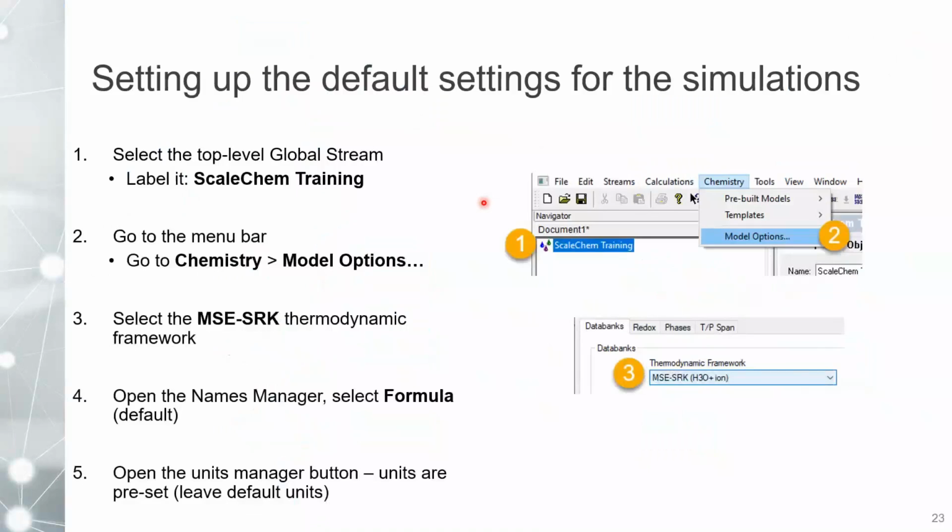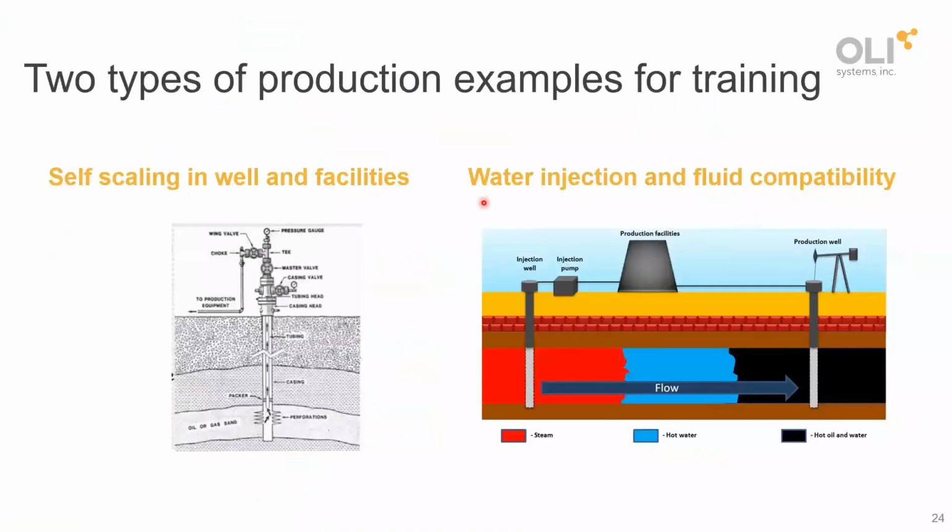We already have done this. And these are the two types of examples that we are going to learn how to create today. The first example, to the left, is an aquifer production, and we are going to study standard scaling during production.